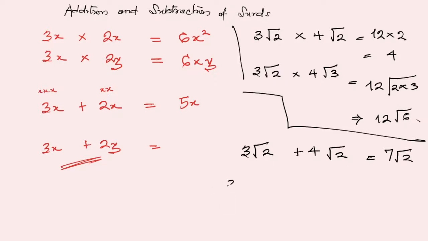And when we have 3 root 2 plus 4 root 3, here we can see that the terms are not the same, and so in this case, this is how we leave them. We have to find surds that are the same, like term surds, before we can add them up. The first example we'll be looking at says that we should find the square root of 3 minus the square root of 12.